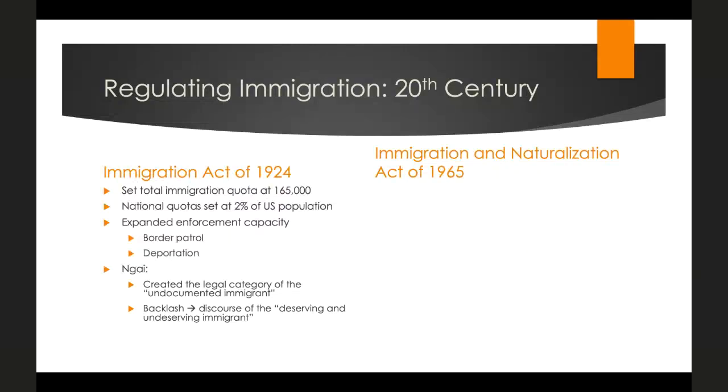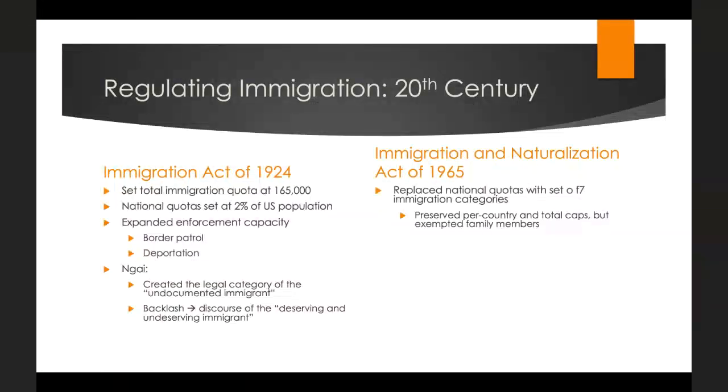Immigrants from Mexico became, in the national consciousness and legally, associated with the category of undocumented immigrant, whereas immigrants from Europe, even those without proper documentation or regular migrants, were viewed as deserving immigrants and were granted exceptions. Even though this wasn't explicitly in the law, it became how the law was implemented and enforced.